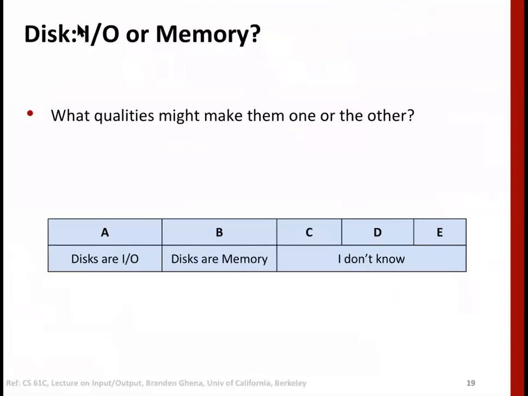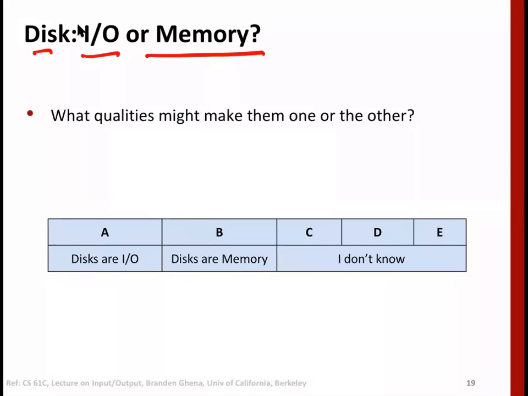So the question I am asking is as follows: is disk IO or memory? And actually we have given the answer in the past. While we use the common word memory for it, disk memory for example, a good word is of course storage, but memory is also technically correct.